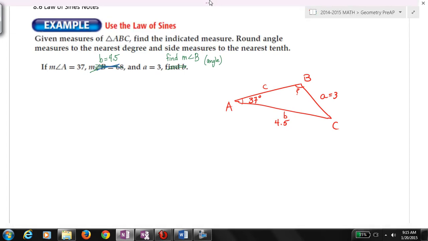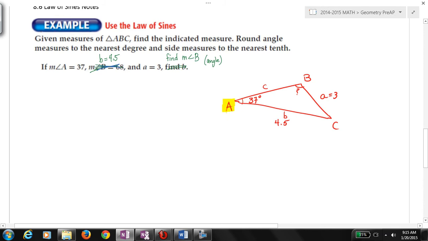Alright, like I had mentioned earlier, we first have to look for an opposing pair that is known. If I choose angle B, the one that I'm looking for, directly across it, I know the side, but remember, you want to start off with both known. So I cannot start off with this opposing pair. I go to angle C, there's nothing there, neither on the opposite side, so I can't even choose that one.